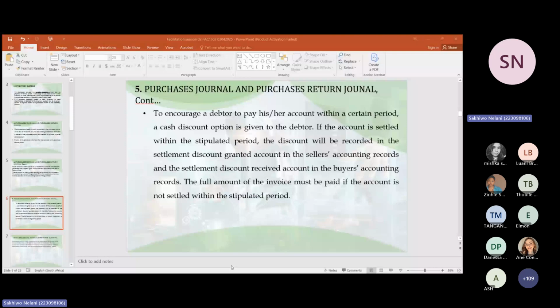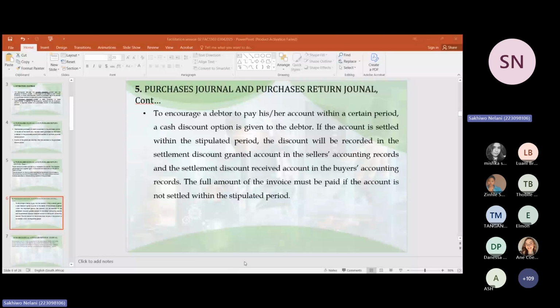So if customers have an account in your business, you agree that you are selling, and you offer your product to people and say, take this and come at the end of the month. But you can see this gentleman is honoring his or her account, so certain settlement discounts are offered.